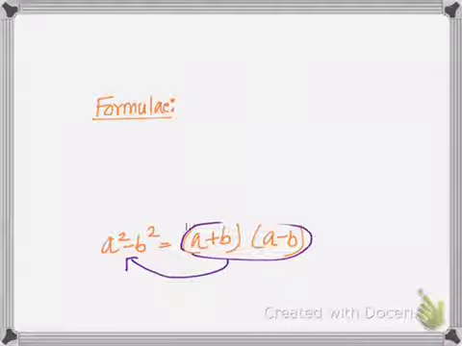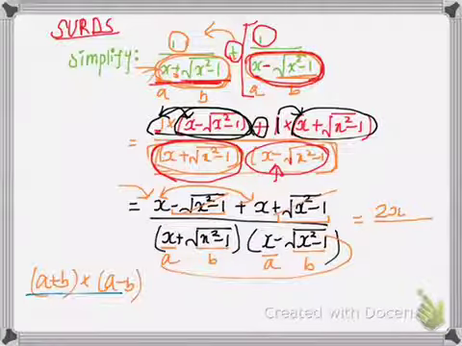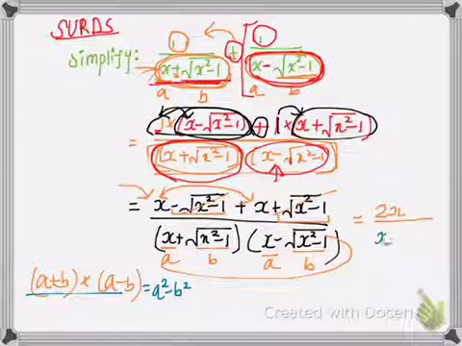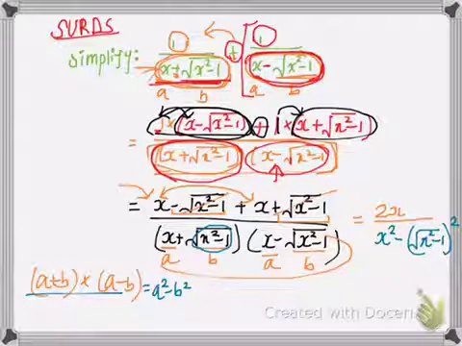So we have the formula for a plus b, a minus b, which is a squared minus b squared. So instead of writing a plus b, a minus b, we can simply write it as a squared minus b squared. So our a here is x, so x squared, minus our b over here is root under x squared minus 1. So b squared means the square of root under x squared minus 1.